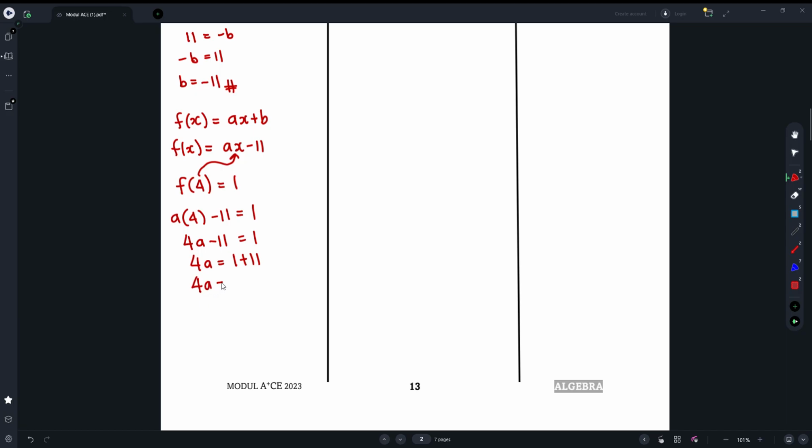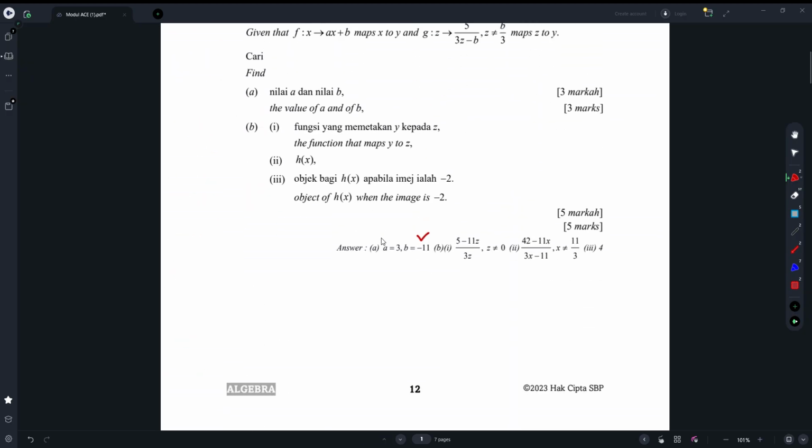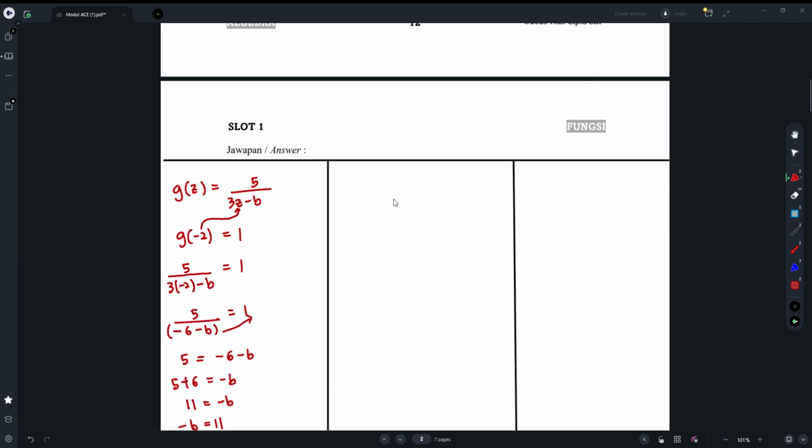Therefore, 4a is equivalent to 12, and a is equivalent to 12 over 4. Finally, a is equivalent to 3. That will be the answer for part A, so you can just put it here. So that is part A Roman 1.